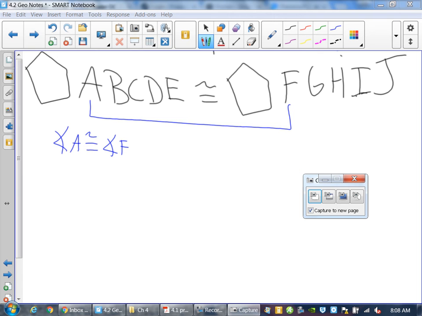So what we're doing here is we're writing down what's called a congruency statement. We're writing down all the different congruent parts via just the lettering. So if you have a congruency statement given to you like this, you therefore will know which parts match up, not only with their angles, but also with their sides.